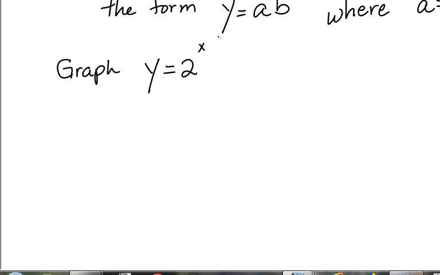So you have y equals 2 to the x power. Then go to zoom 0, zoom fit, which will always give you a graph. The calculator picks the window. So do zoom 0 and let it graph.